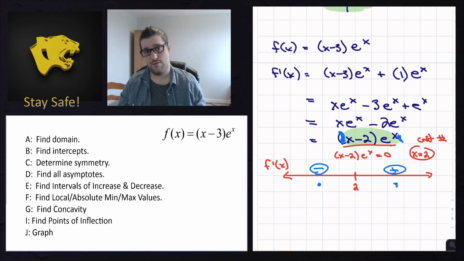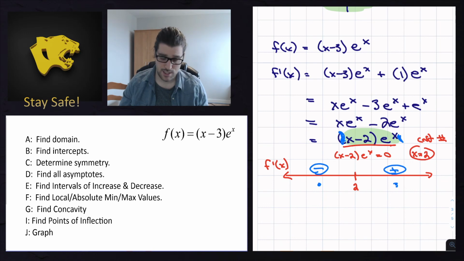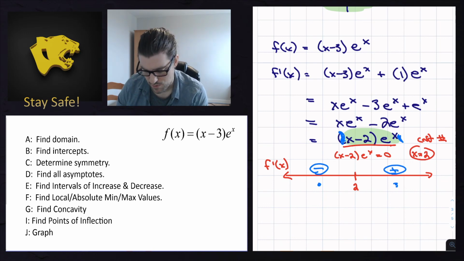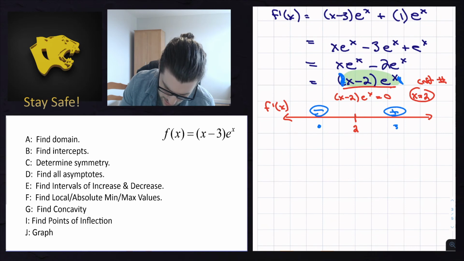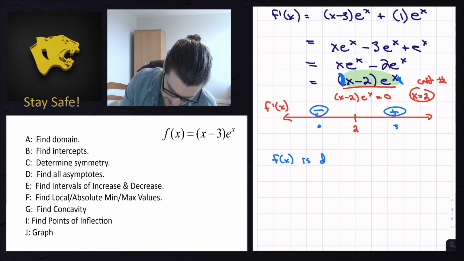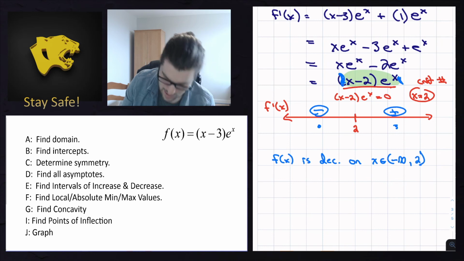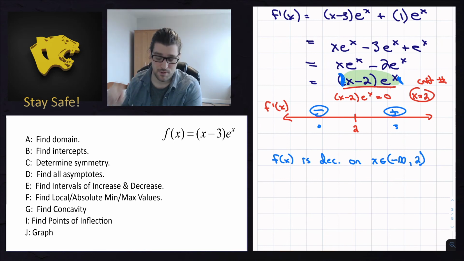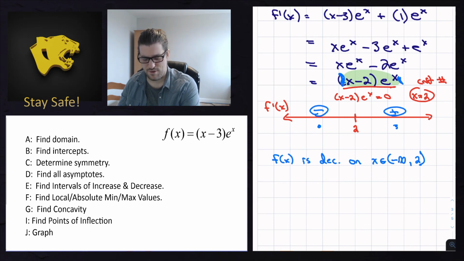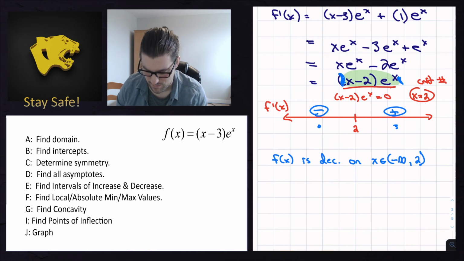So we have an interval of decrease, which is the first one, and we have an interval of increase, which is the second one. So f of x is decreasing, I usually just say dec, on x is an element from negative infinity to positive 2. And I don't include the boundary, because if you do that, it should be in both, and then you're saying it's both increasing and decreasing, which is a little bit wonky.